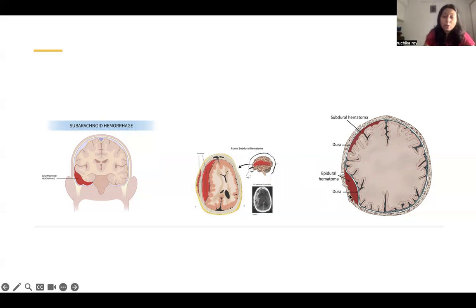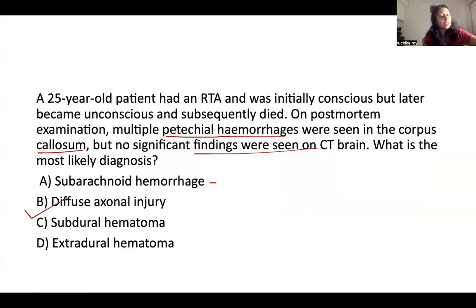And in epidural hematoma, you will find a convex-shaped hematoma, along with a lucid interval. So in all three, you will find some finding in the CT scan. Whenever there is petechial hemorrhage seen in the corpus callosum, it is basically a hallmark sign of diffuse axonal injury.